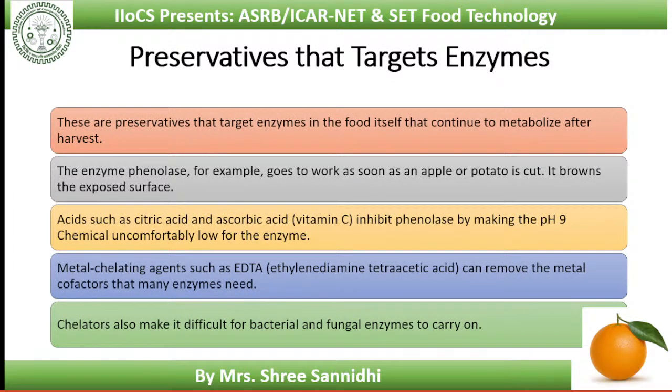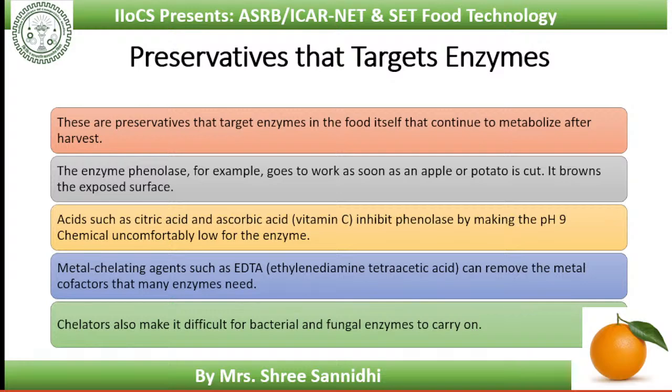Next is about the enzymes, the anti-enzymatic preservatives. These are preservatives that target enzymes in the food itself that continue to metabolize after harvest. The enzyme phenolase, for example, goes to work as soon as the apple or potato is cut. It browns the exposed surface area of the food.